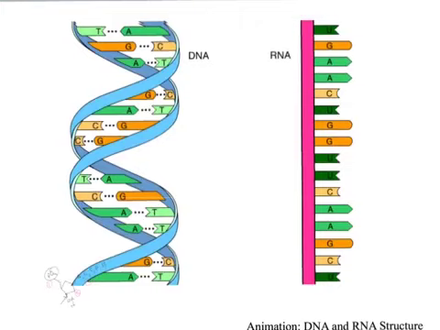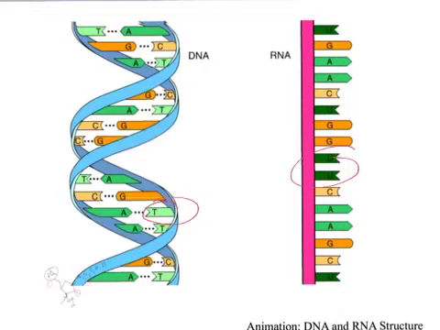What is missing? Thymine and a second strand. RNA is single-stranded, and thymine is removed and replaced with uracil, the other base, right? So uracil, that's the U, and thymine in DNA. So already differences between DNA and RNA.